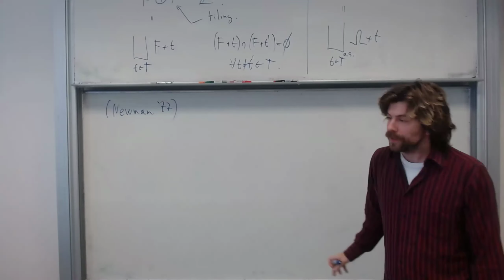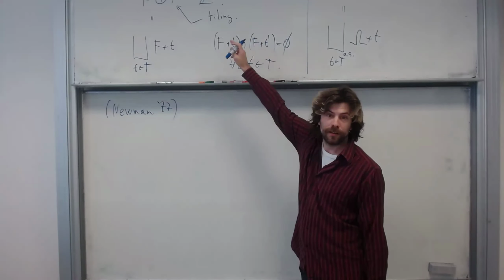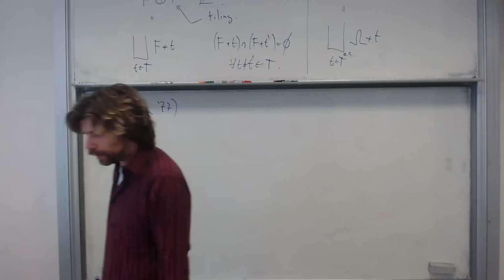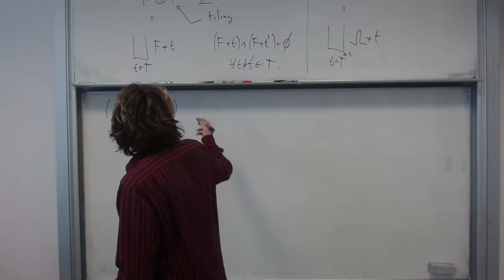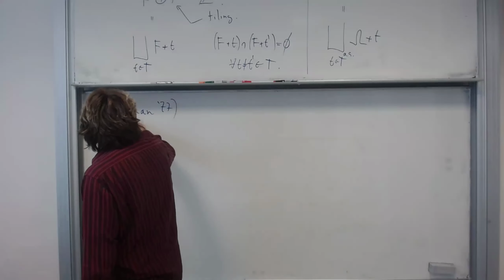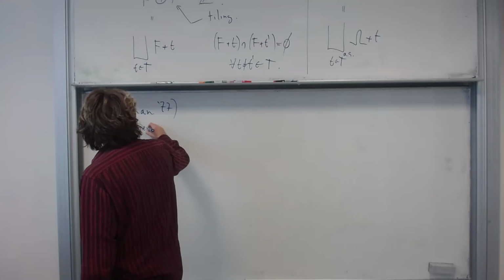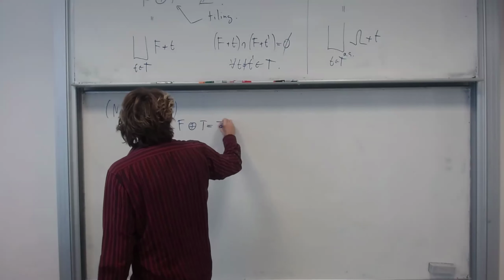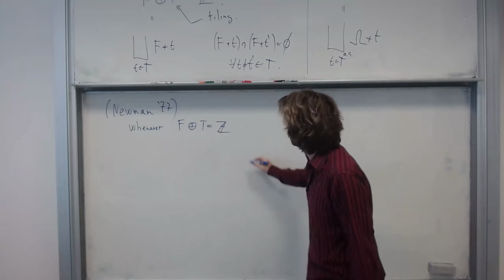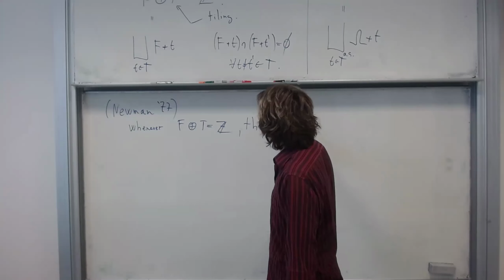Newman proved that if you are in dimension 1 and you tile, then the tiling set is periodic. So he proved that whenever you tile the line Z, then T is periodic.